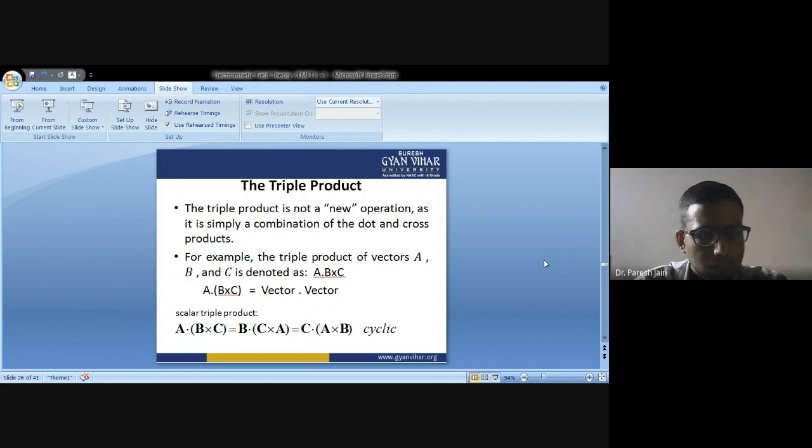The scalar triple product, that is A dot B cross C, is equal to B dot C cross A, which is equal to C dot A cross B. This is the cyclic method.